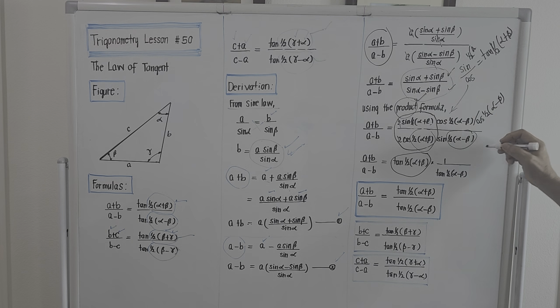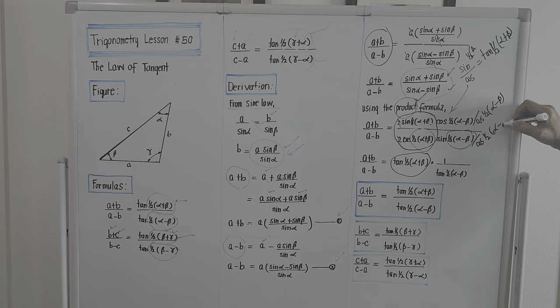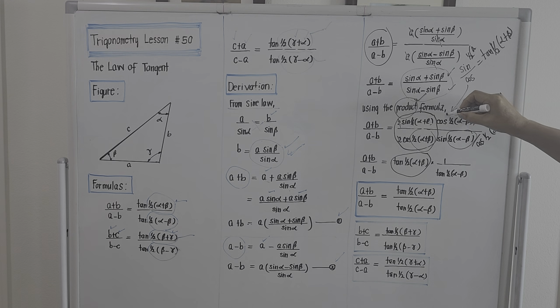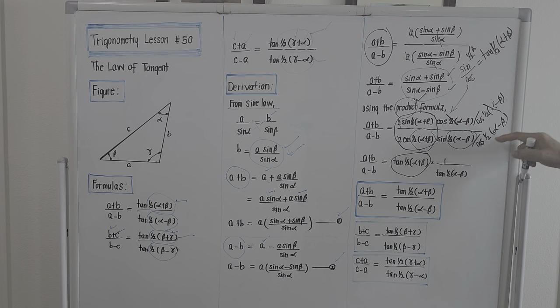And also the total value of the denominator, we will divide it by cosine of 1/2 of alpha minus beta. Right? So if we divide the numerator by cosine of 1/2 of alpha minus beta, this cancels. Right? So this cosine of 1/2 of alpha minus beta goes underneath this.